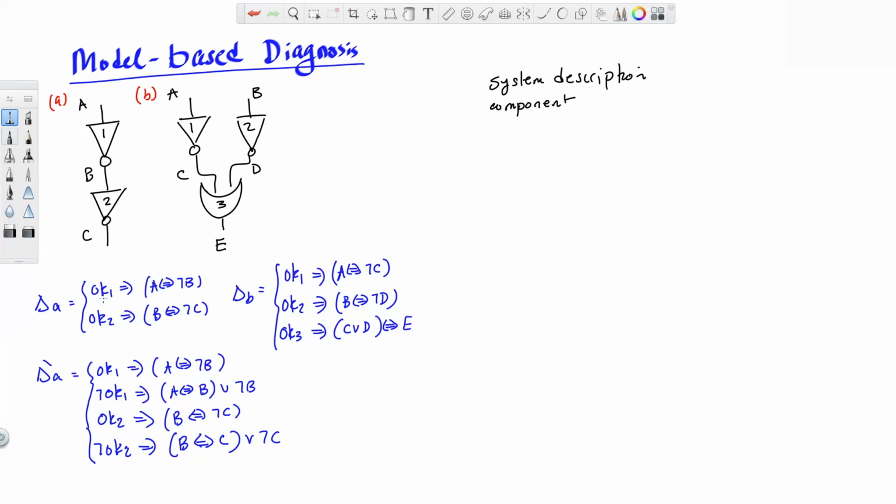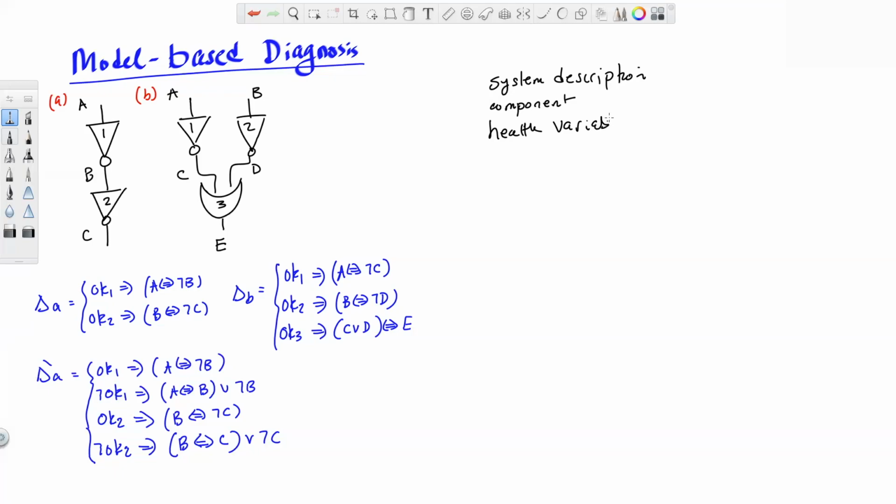And what you see here is it has the following form. If OK1, if this component is OK, then this. Now, what is this? This is relating the input and output behavior of that component, basically saying the input and output will be different. It's declaring it as an inverter. All right. So this guy here, OK1, we call these the health variables.